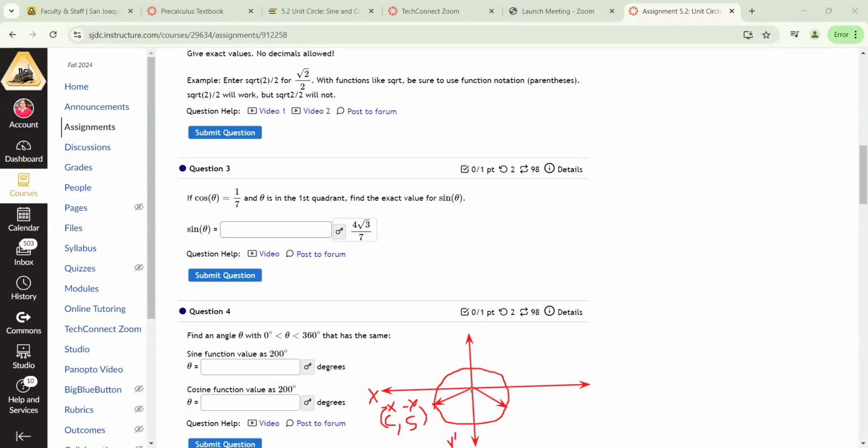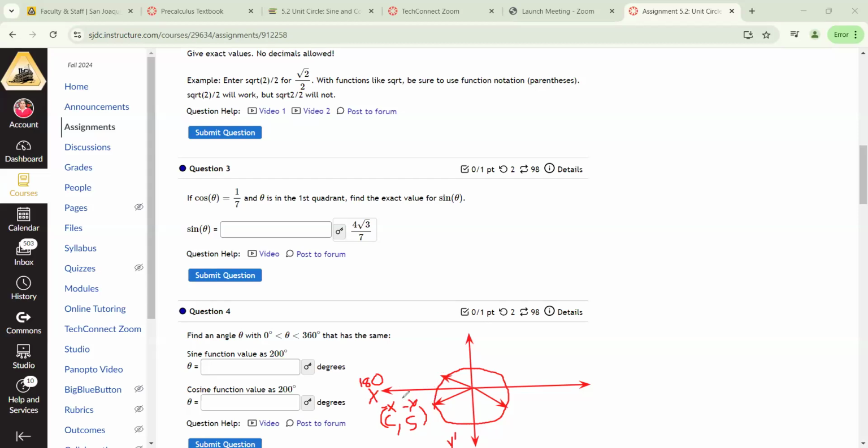So x negative is on this side. That same exact location would be right here on this side for the x value. And this number is 180 when you reach the flat line. So 180 and this was 200. So 20 degrees below that. This is 20 degrees above that.